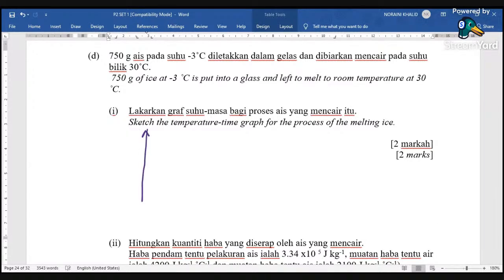It's just like writing the heating curve. Temperature in degrees Celsius, then you have time in second. Okay, initial temperature -3. Here is -3, 0. And then melt to room temperature 30.